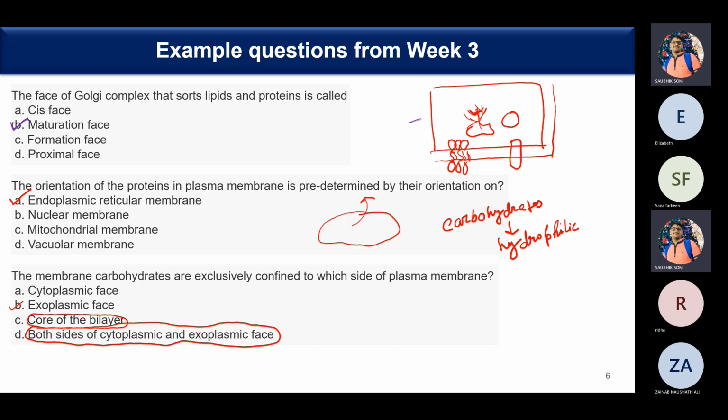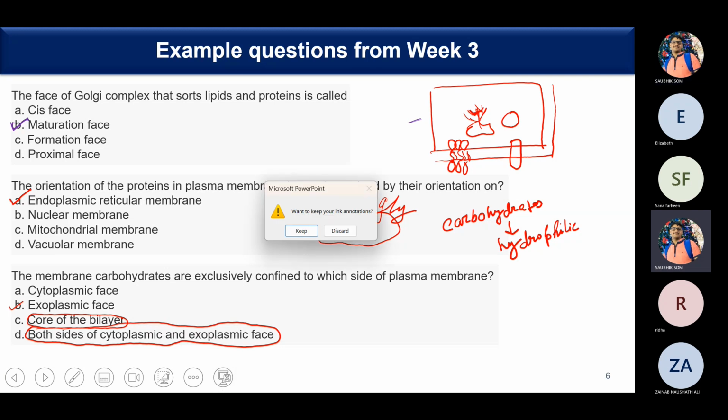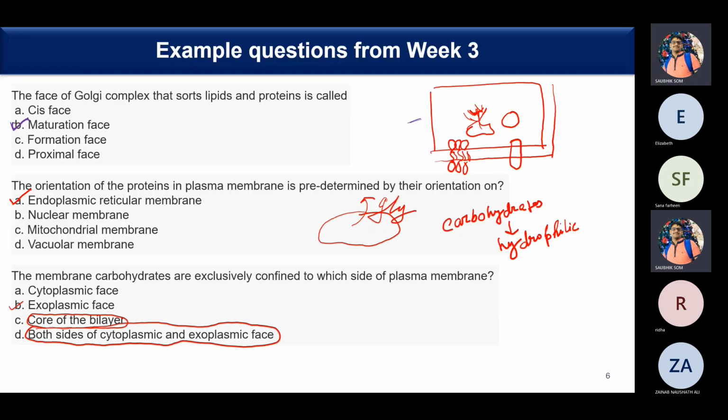It is itself a process, and after the processing, the protein is glycosylated. So the glycosylated peptide is actually on the outer surface.